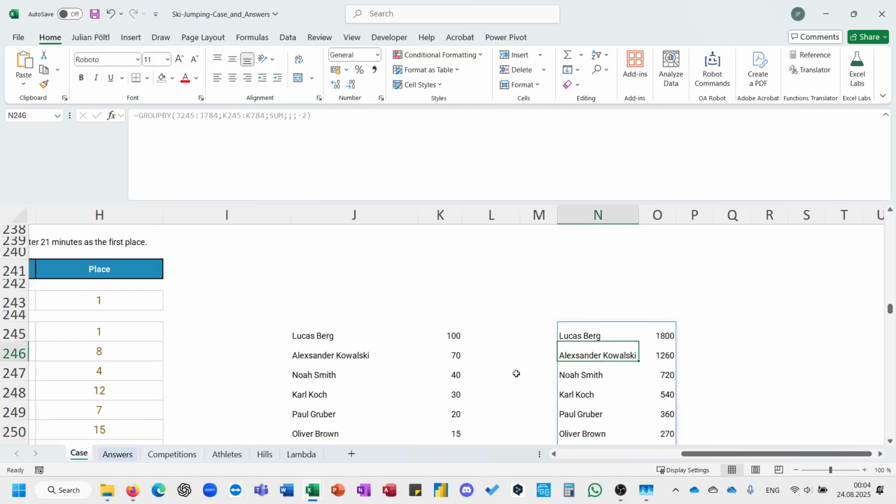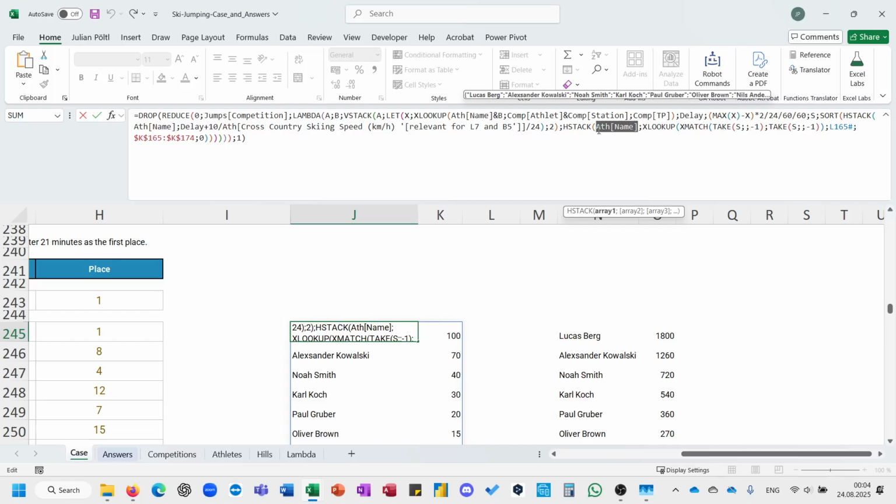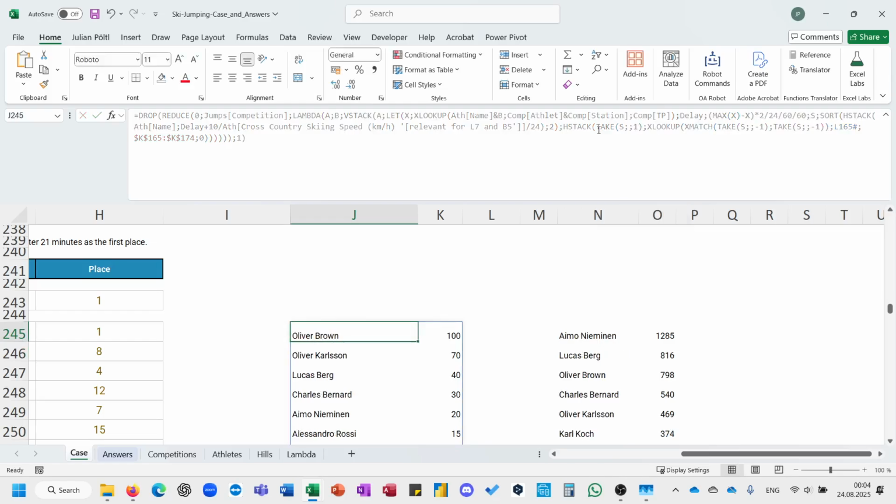Alexander Kowalski. And it should be right, because I'm always using the ATH athlete stacking. Oh no, I'm sorting. Yeah, that's the problem. So I then need to also use here take as first column, because I then use also the sorted names.